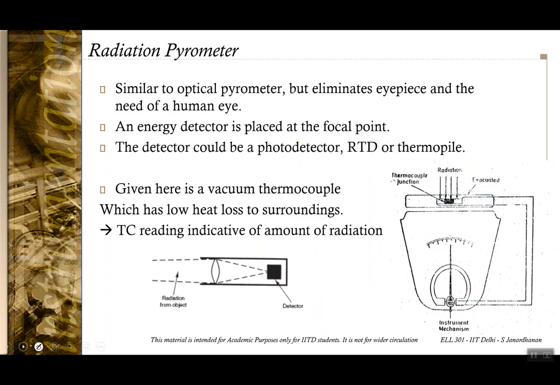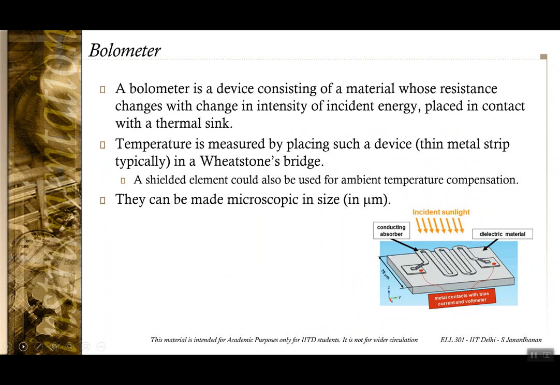Similar to an RTD, where the resistance changes with temperature, you also have a bolometer, which is a device which consists of a material whose resistance changes in response to the intensity of incident energy. So the temperature of this bolometer is not changing, but its resistance changes depending upon the incident radiation.